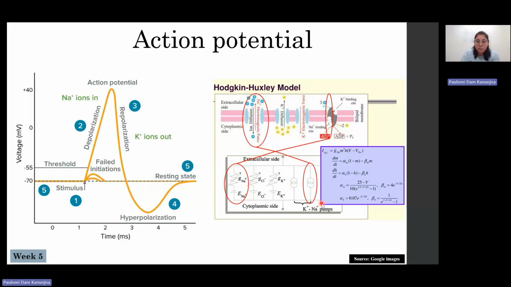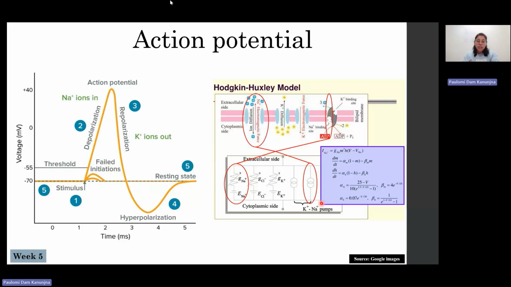It tells you that biology, physics, chemistry, everything is interlinked, and you can explain all the methods that you see biologically with very good physical laws. Okay. Right.